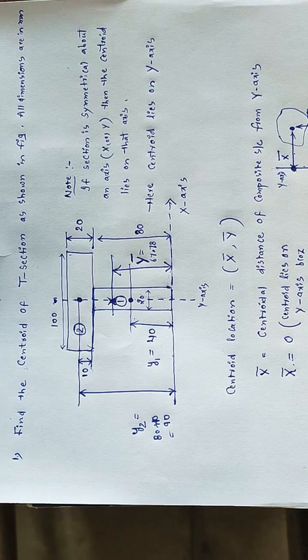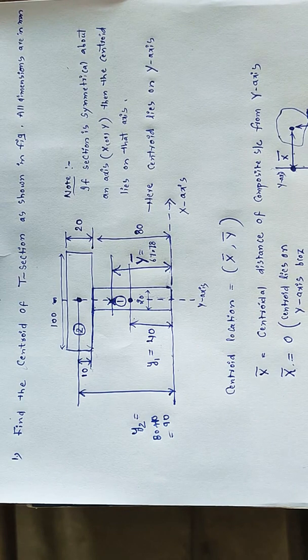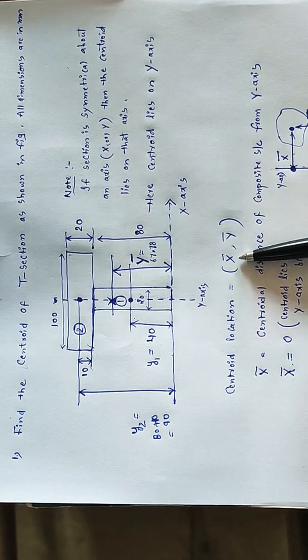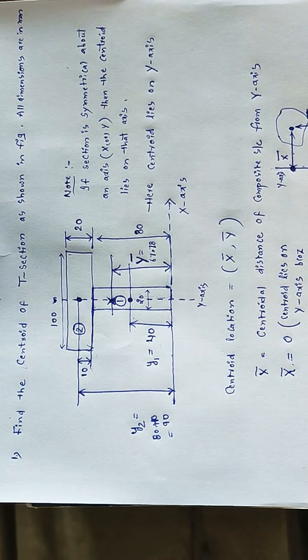So if any section is symmetrical, you can calculate either x bar or y bar, that is sufficient. But if it is not symmetrical, then you have to calculate both x bar and y bar. That's why, whenever you get symmetrical sections, by calculating any one of x bar and y bar, you can easily locate the centroid.